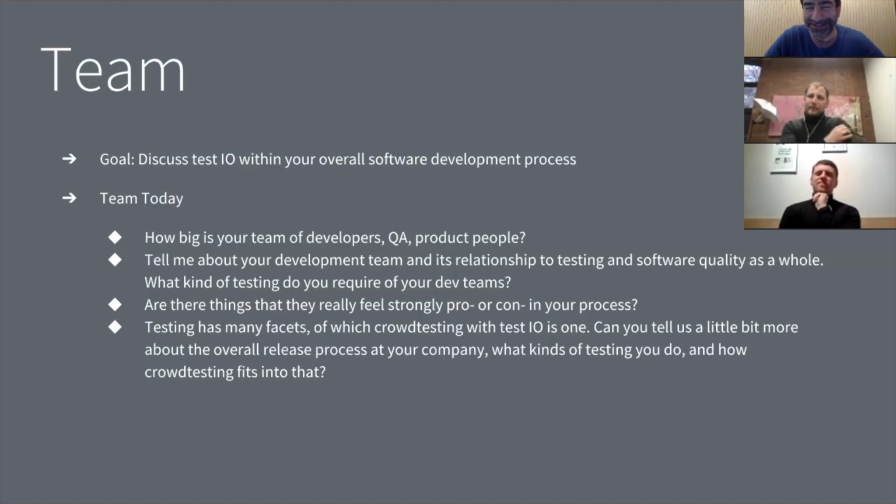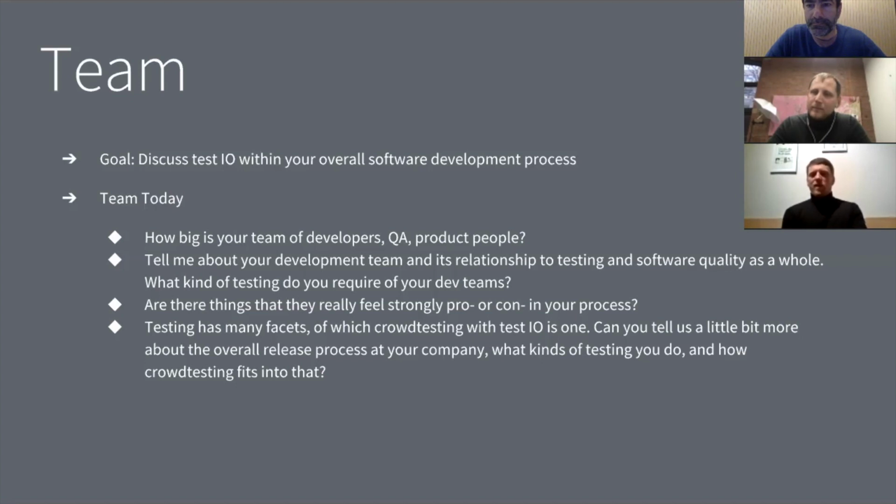What other sorts of testing do you do that's not Test.io? As I think every software development team should do, we are also doing unit and integration testing, very extensively. We have automated UI tests, but we are looking at keeping them not too many.